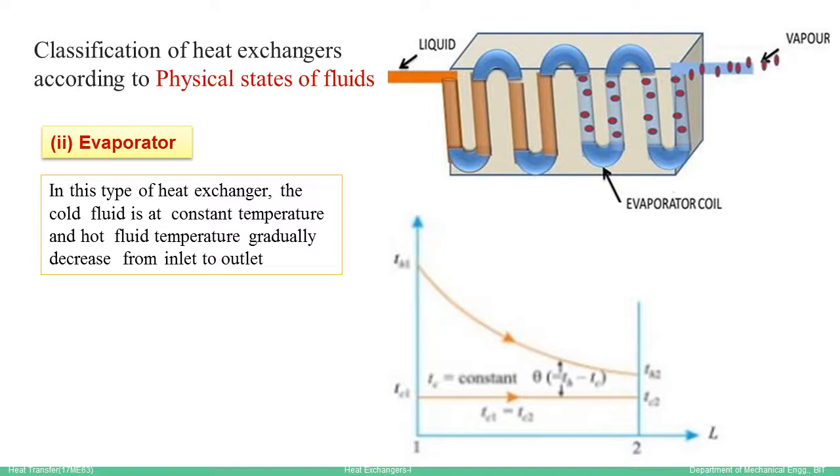There will be a heat supply from a hot fluid, and that hot fluid loses heat during the heat transfer. There will be continuous change of phase from liquid to vapor in the evaporator, which takes place at constant saturation temperature. So the temperature of the cold fluid remains the same throughout the heat exchanger in the case of an evaporator.